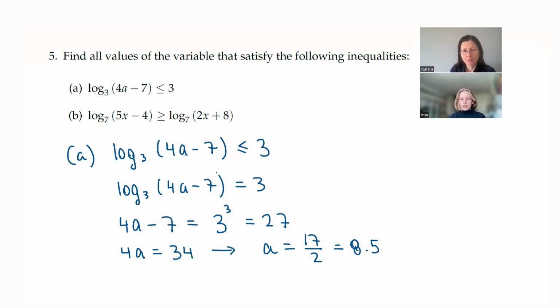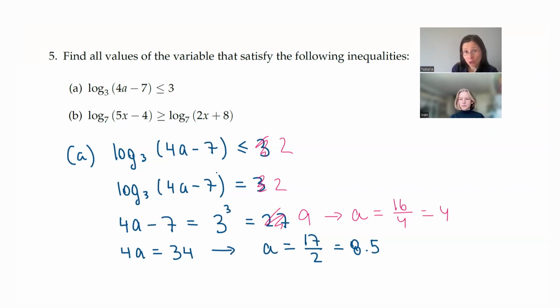So let's try, if we have something lower than 3, say 2, we would have 3 squared equal to 4a minus 7. Then we'd have 9, and this would result in a being 4. Therefore, it has to be less or equal to 8.5.